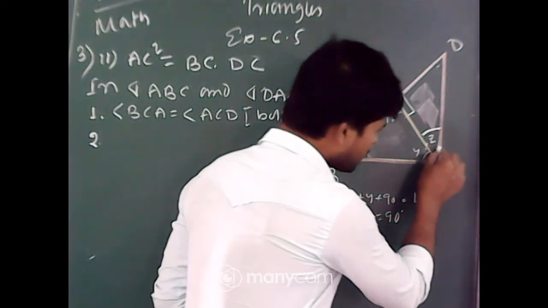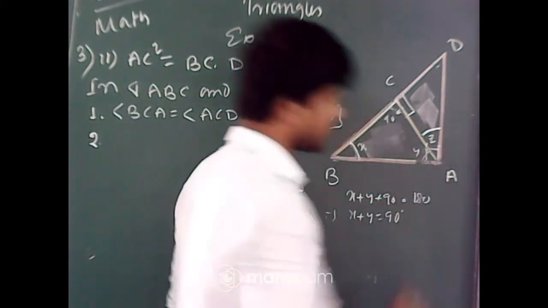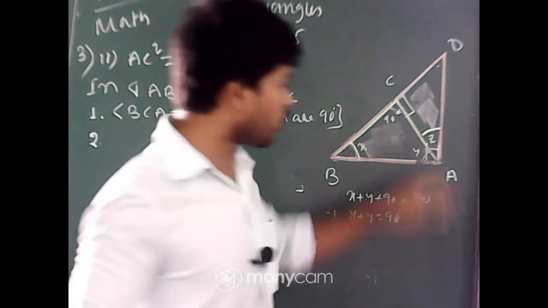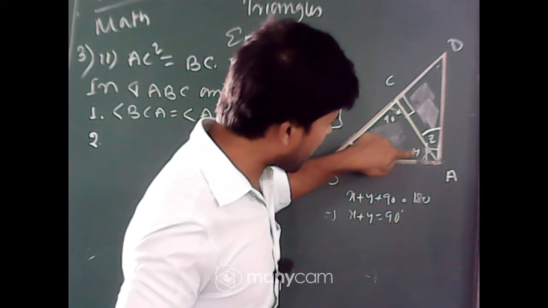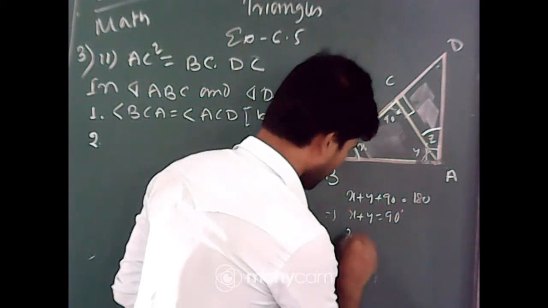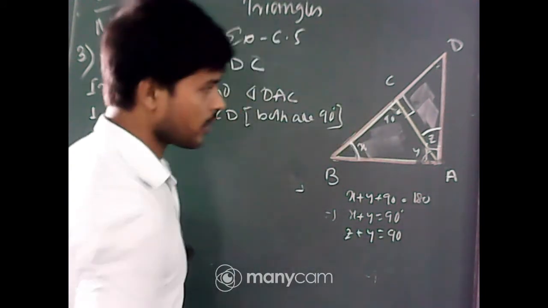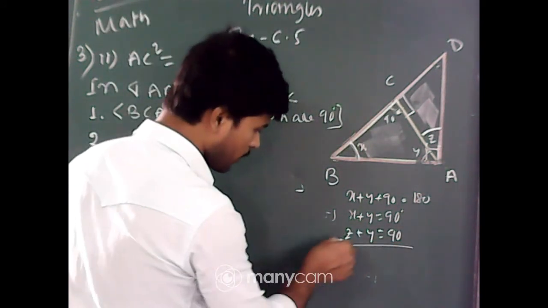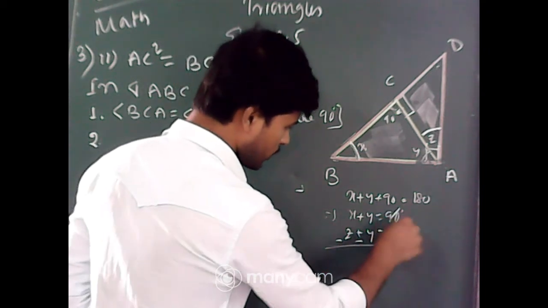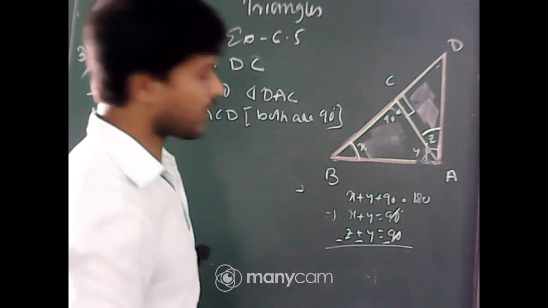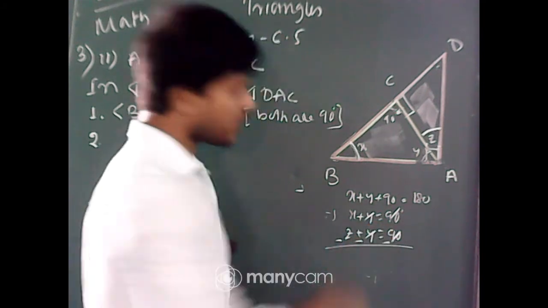Similarly, what is the measurement of angle C? It is also 90 degrees. That means if I add y and z, so z plus y, it will also be 90 degrees. Now do one thing, subtract them. Minus, minus, minus. So this plus y and minus y cancel each other.